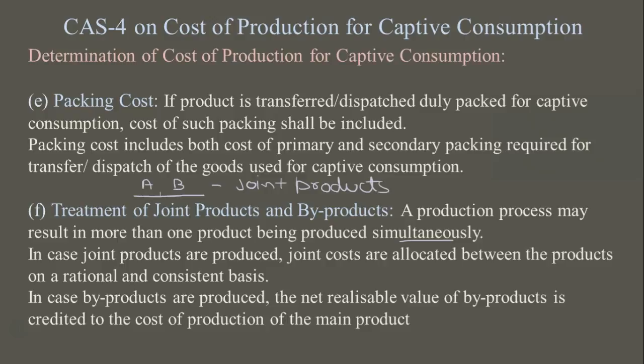But while producing A and B, we get a product which is not required, that is C. If we sell this product in the market, any money we get from the sale of C is going to reduce the cost of A and B. Suppose we are spending around 2 lakhs in the production of A and B, and we get 50,000 from the sale of C, so our ultimate cost is 1.5 lakhs. Is it clear guys? Okay, great.